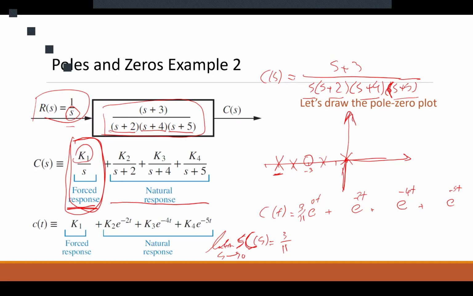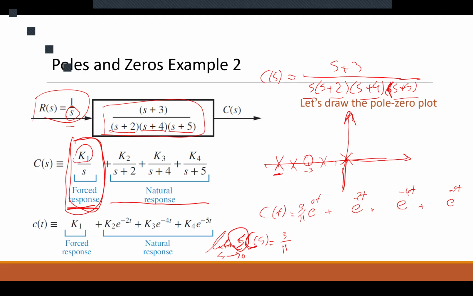Wait. The coefficient of the pole at 0 is found from S itself. The zero of S is not at 0, correct? And we want to find the coefficient of the term that has a pole at 0.